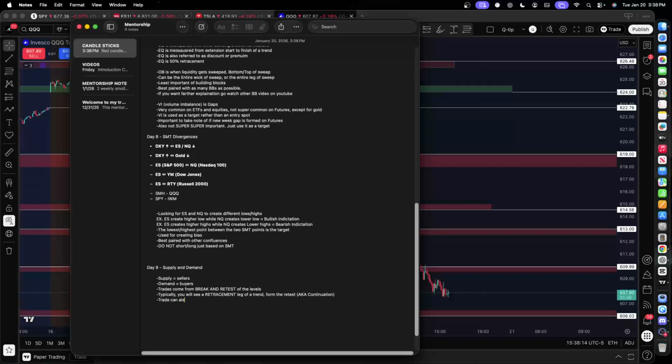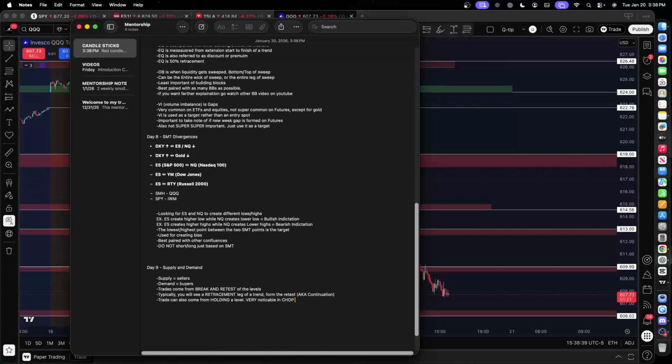Trades can also come from holding the same level, come from, I guess, holding a level, right? Very noticeable. I'm pretty sure I spelled that wrong.